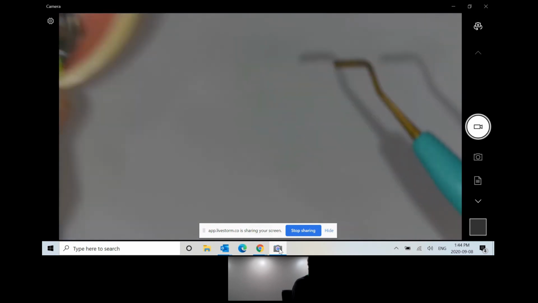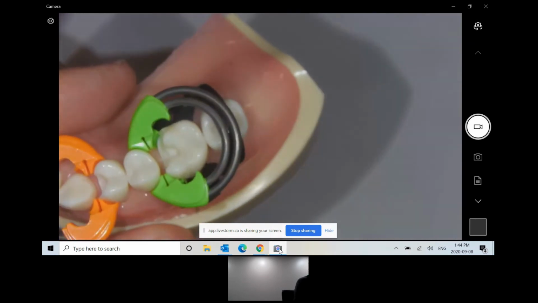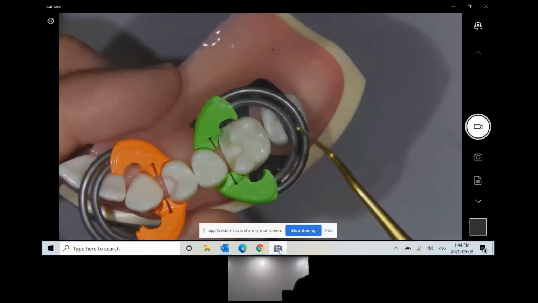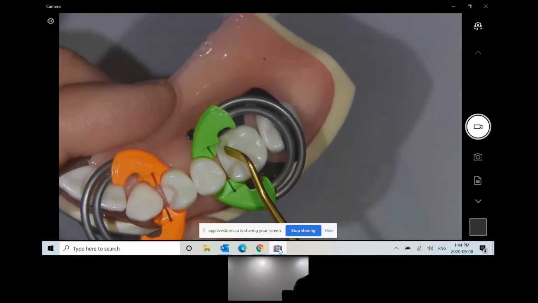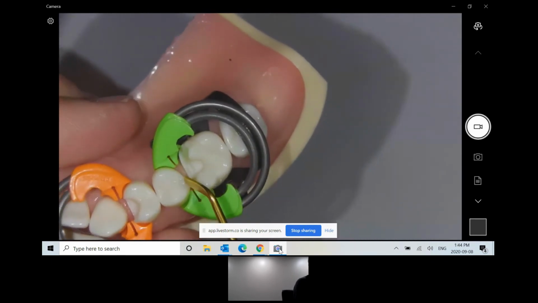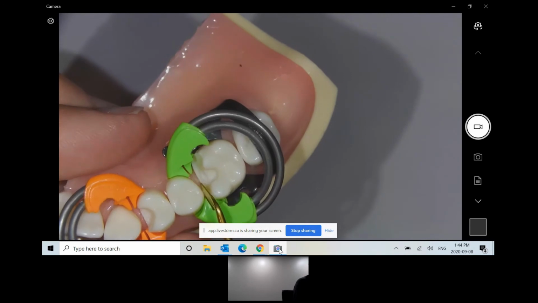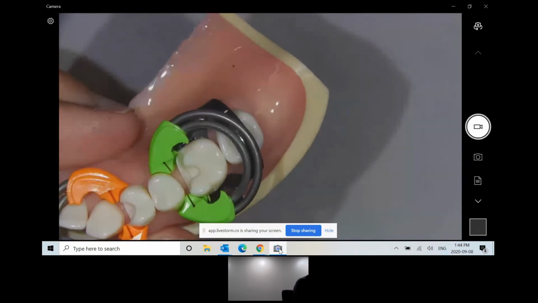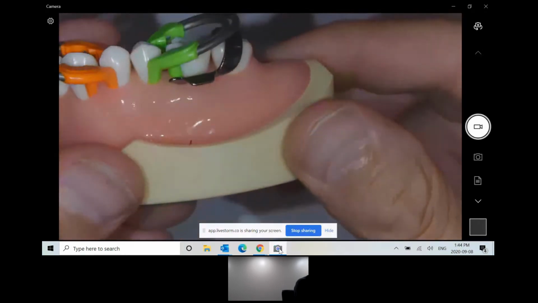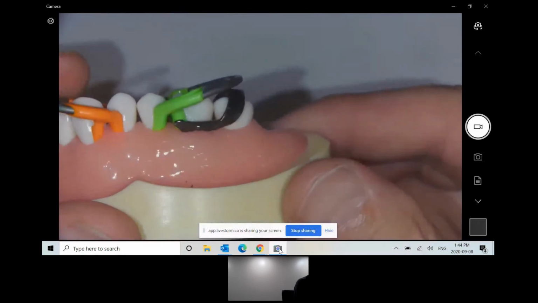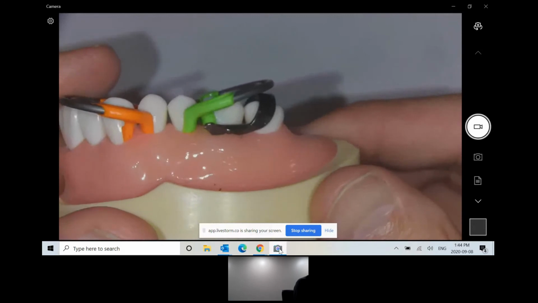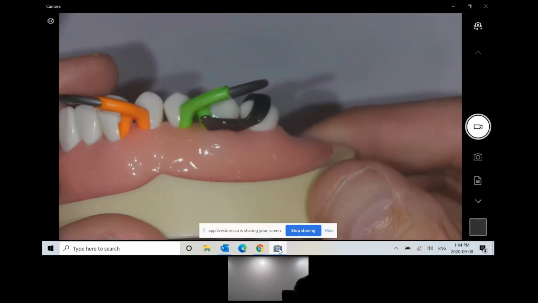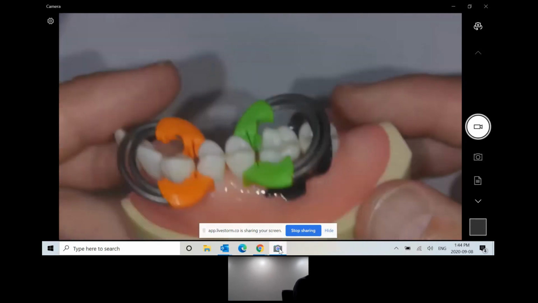And because we made these prongs a little longer, as you can see here, we're missing a cusp on a class 2, but because the prongs are a little longer, it's still going to be able to engage the root of the tooth without collapsing into the embrasure area. And with that 20-degree profile, if we do have a rubber dam clamp in place, there's no issue when it comes to seating of the ring.